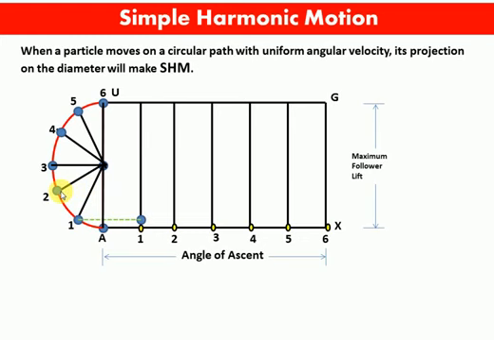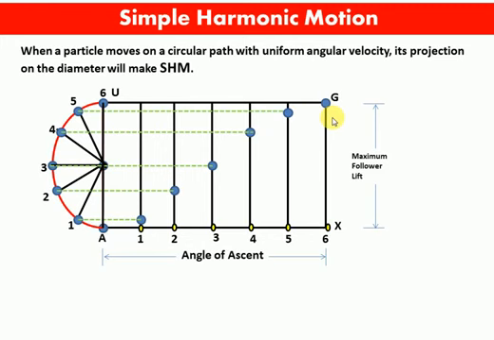In the same way, we'll draw a horizontal line from point 2 on this semicircle to the vertical line 2. In the same way, we'll join point 3 on the semicircle with vertical line 3, 4 with 4, point 5 on the semicircle with vertical line 5, and 6 with line 6.